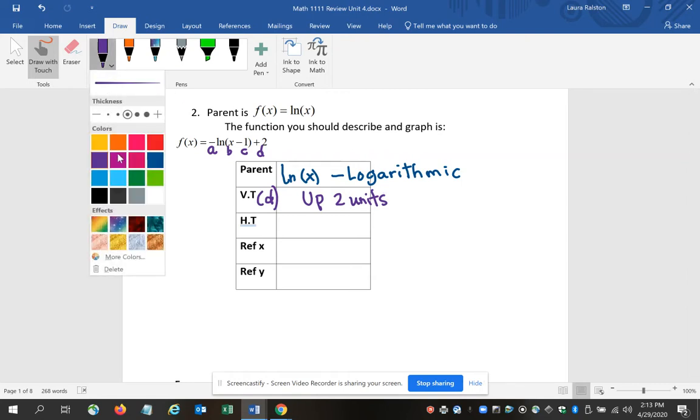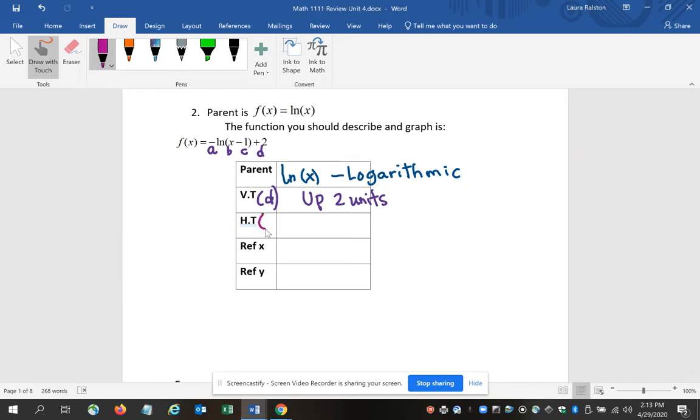The horizontal translation is determined by C. Again, we want to avoid making a sign error, so we take the expression in the parentheses, set it to 0, and solve, and we get x equals positive 1. So we can see that it's positive, so we're going to go right 1 unit.